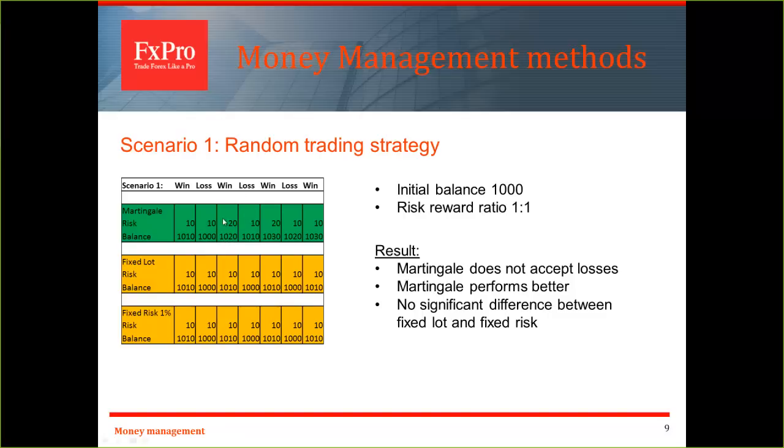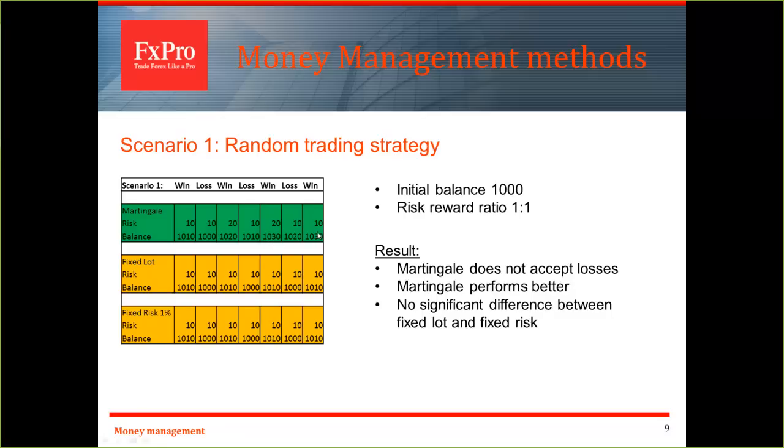And whenever you won, you go back to your original risk of just $10. So once again you make a loss, you drop down to 1,010, and then once again you double your exposure and you go back to 1,030.